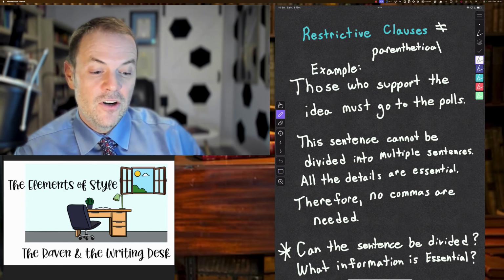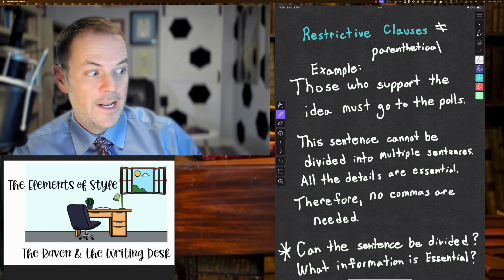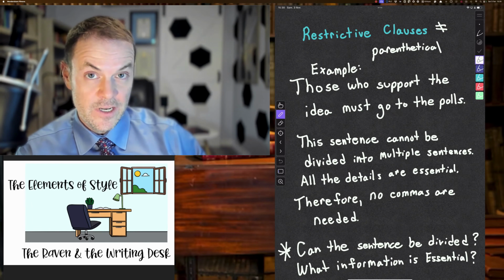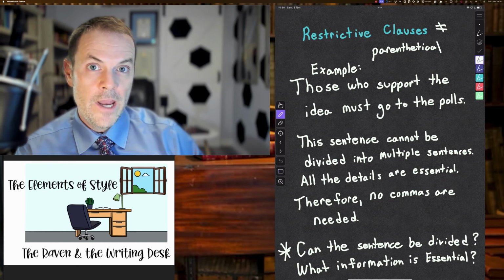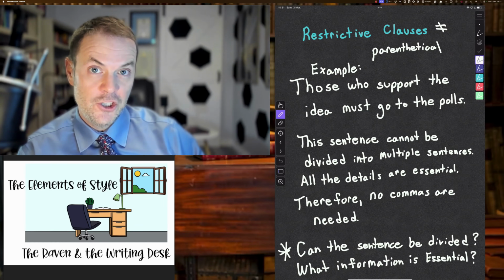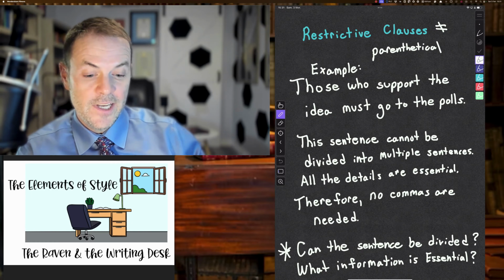There's nothing extra I can isolate. And as a result, it has no commas. So when you are putting together your sentence, determine what information is essential, what information is considered extra. When you realize the difference between two sets of information, you'll know how to put them into the proper order of your sentence.